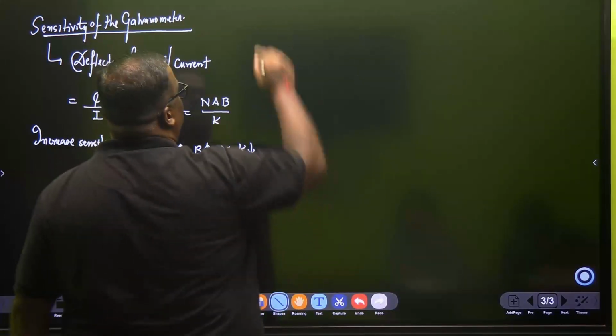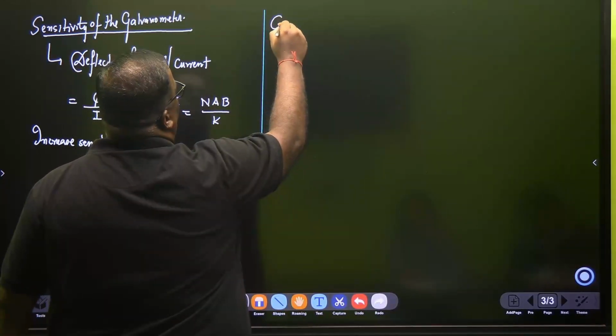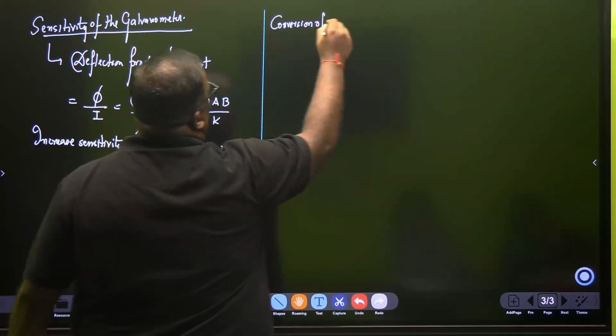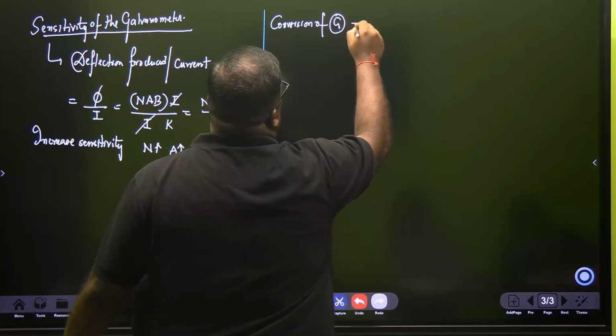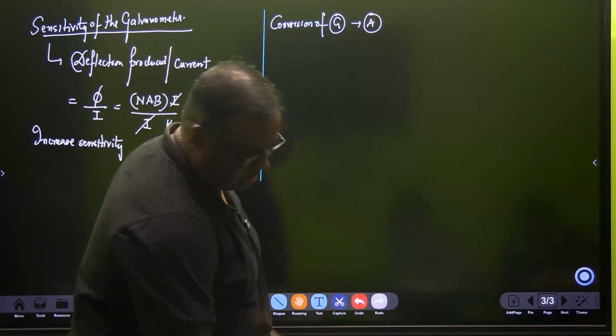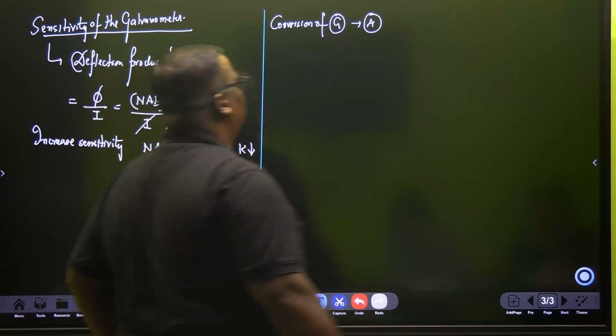And now the interesting part. Conversions. Conversion of a galvanometer to an ammeter. This will use typically grade 10 knowledge, nothing more than that. Right.